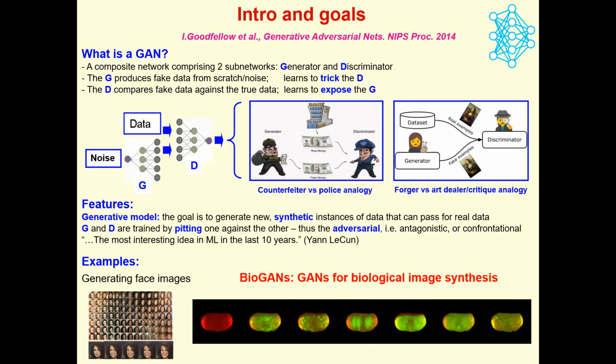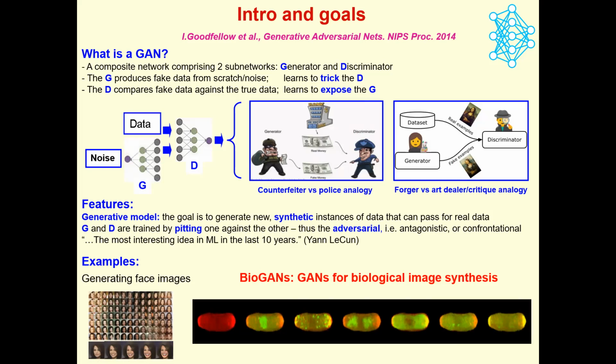The generator network produces fake data or fake images from scratch or from noise, and it learns to trick the discriminator. The discriminator network compares fake data against the true data that are available and learns to expose the generator.